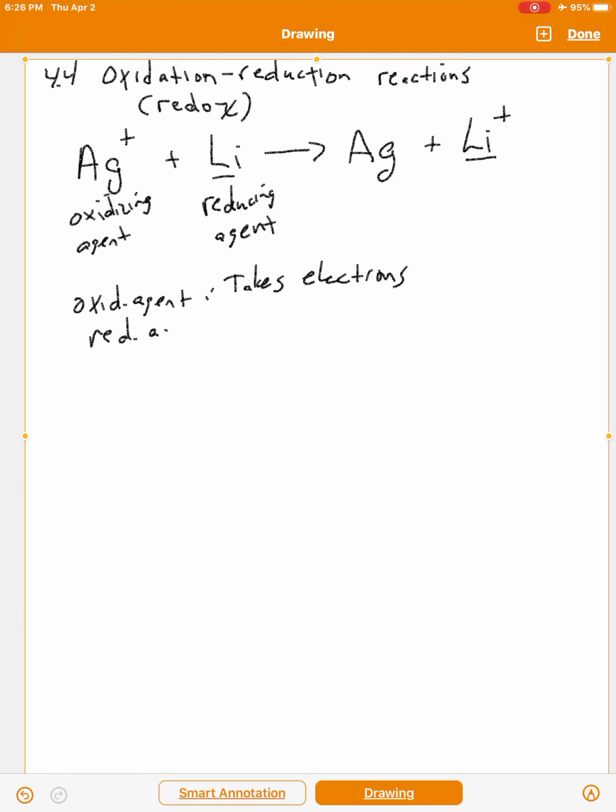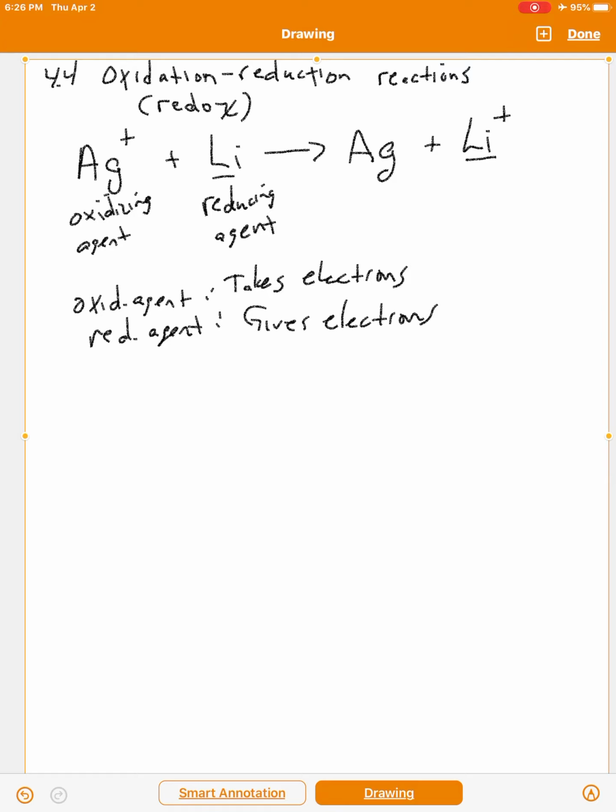And the reducing agent gives the electrons. Process occurs through essentially collisions. The two reactants are close enough to each other that the electron can hop from one reactant to another.